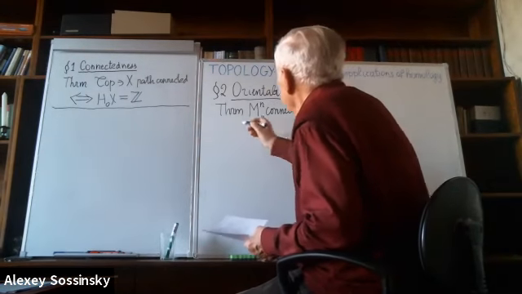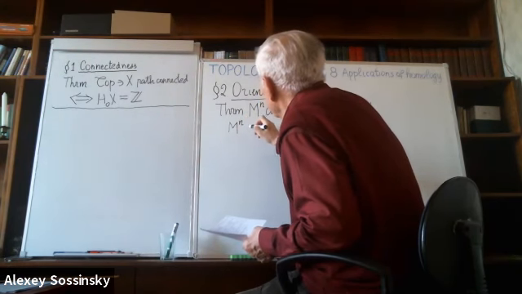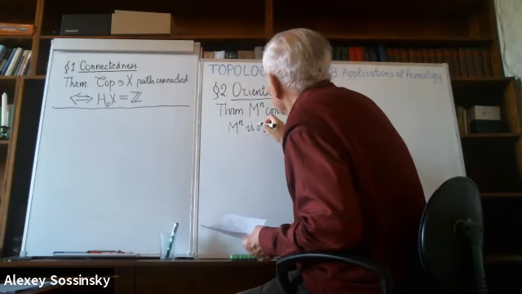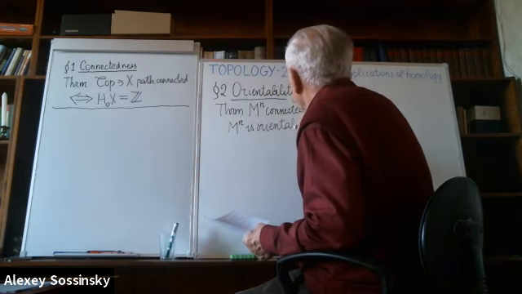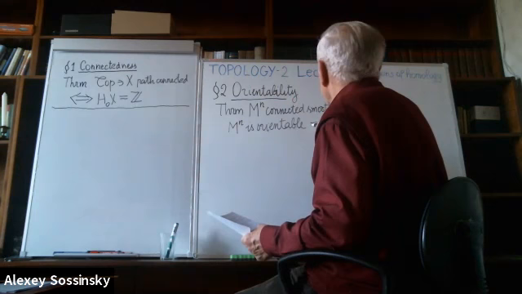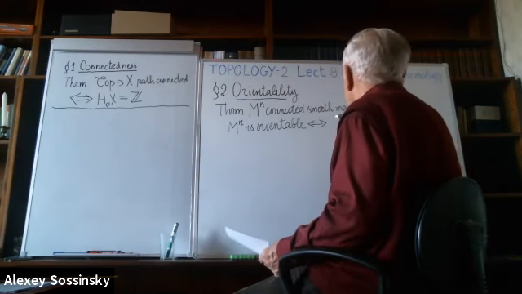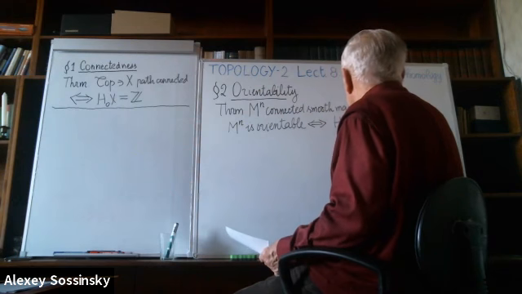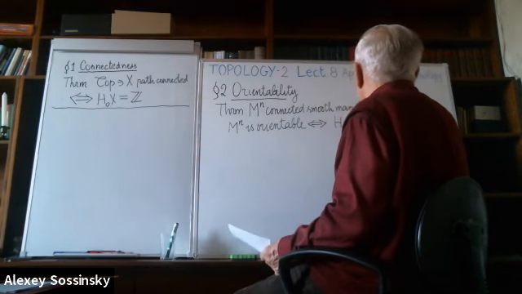Then we have the following equivalence. Mn is orientable if and only if Hn of Mn is equal to Z.